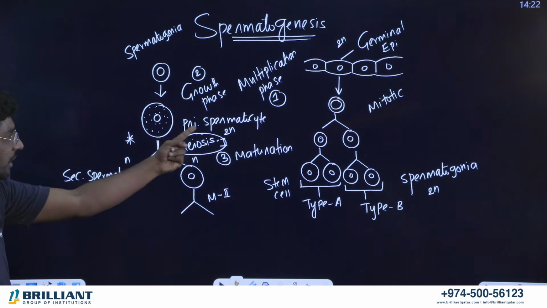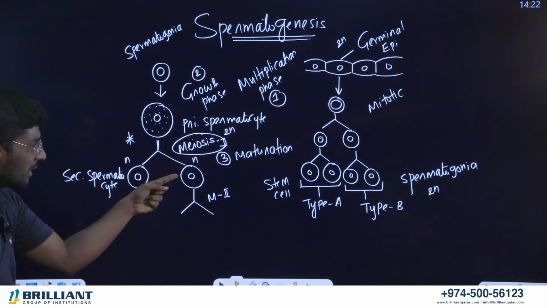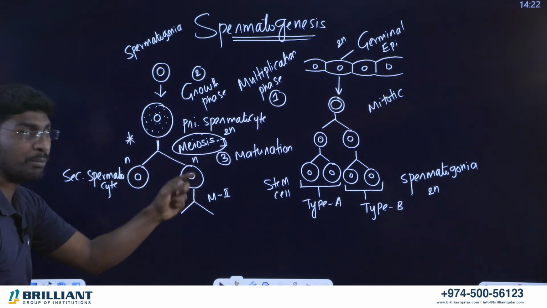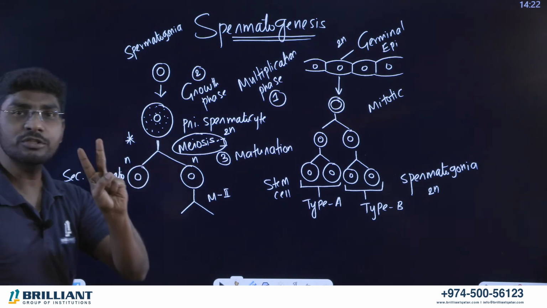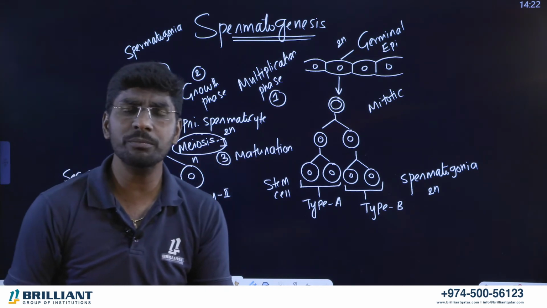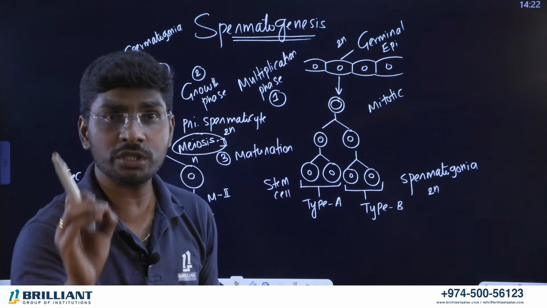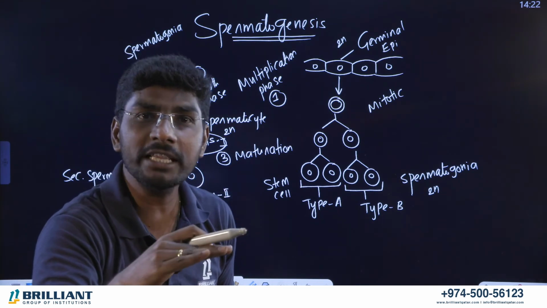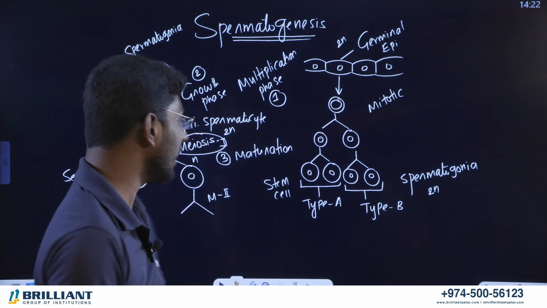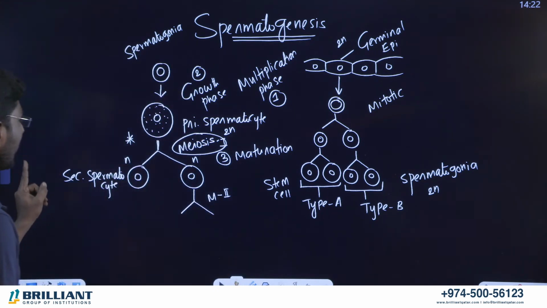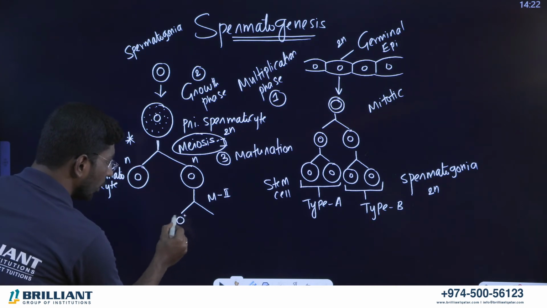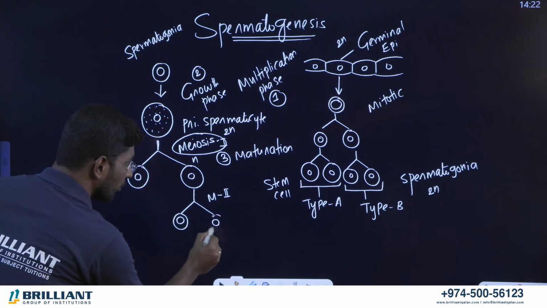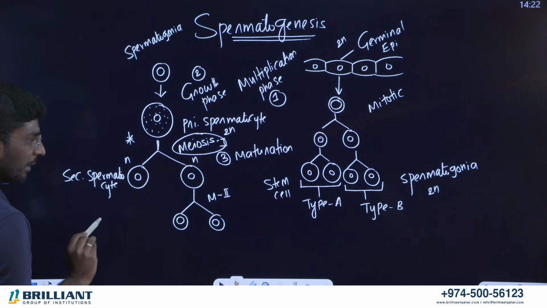Primary spermatocyte undergoes meiosis 1, secondary spermatocyte undergoes meiosis 2. Meiosis 2 is the last stage of meiosis. In the examination, if a question comes, which cell from the following can complete meiosis, your answer would be secondary spermatocyte. To form two haploid cells again, because meiosis 2 is equal to mitotic division, right?